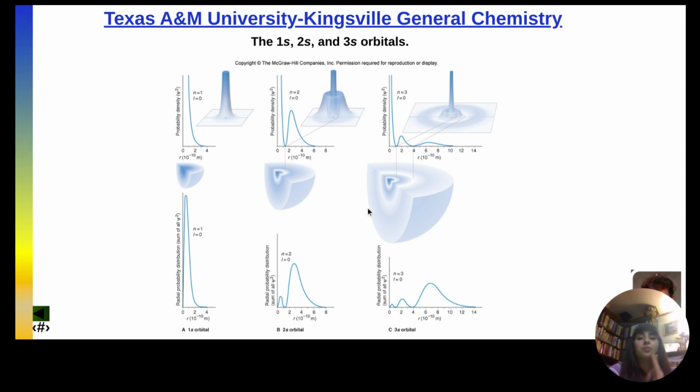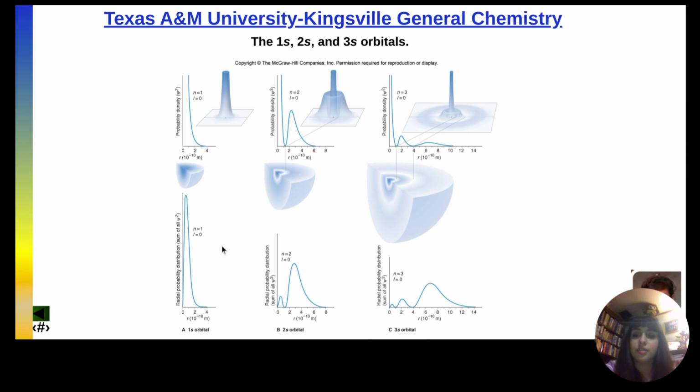So we're talking about the 1s, 2s, and 3s orbitals. Here you can see that our n equals 1, our l equals 0. So n is 1, l is 0. Here, n is 2, l is 0. Here, n is 3, l is 0.